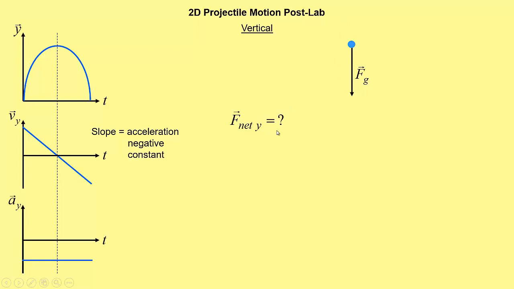And we know from Newton's second law that net forces are equal to mass times the acceleration. Since this is the vertical net force, this will be the vertical acceleration. But we only have one force, that's gravity, and it's down, which makes it negative. So the net vertical force is negative F of g.